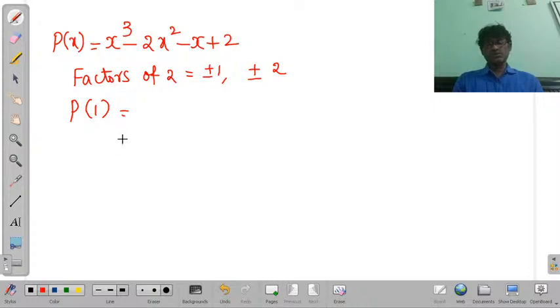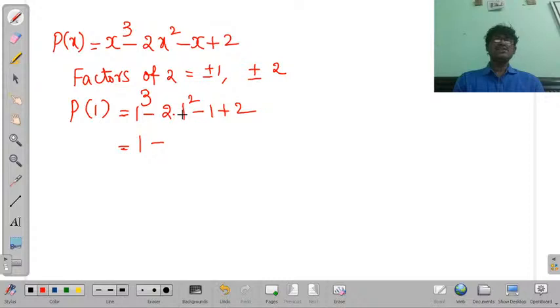Now p of 1, let us check. You plug in x equal to 1. So you will get 1 cube minus 2 into 1 square minus 1 plus 2. This is 1 minus 2 minus 1 plus 2. 1 minus 1 gets cancelled, minus 2 plus 2 gets cancelled, this is equal to 0.